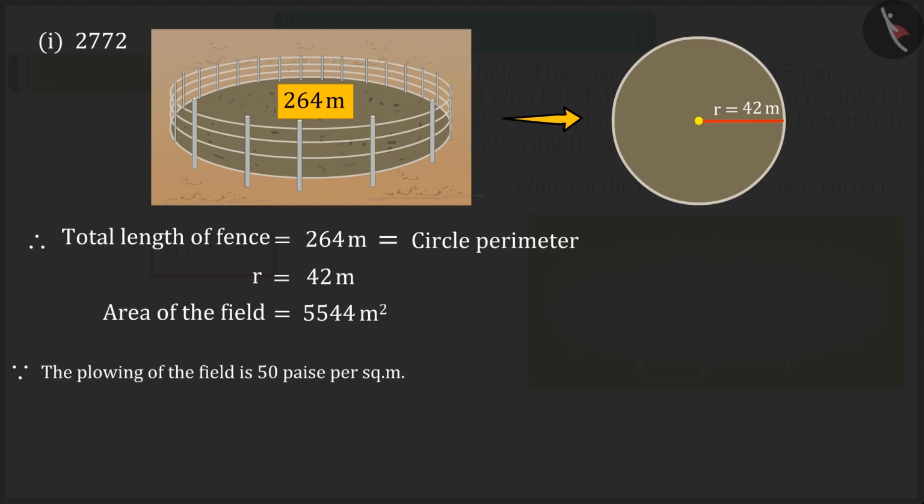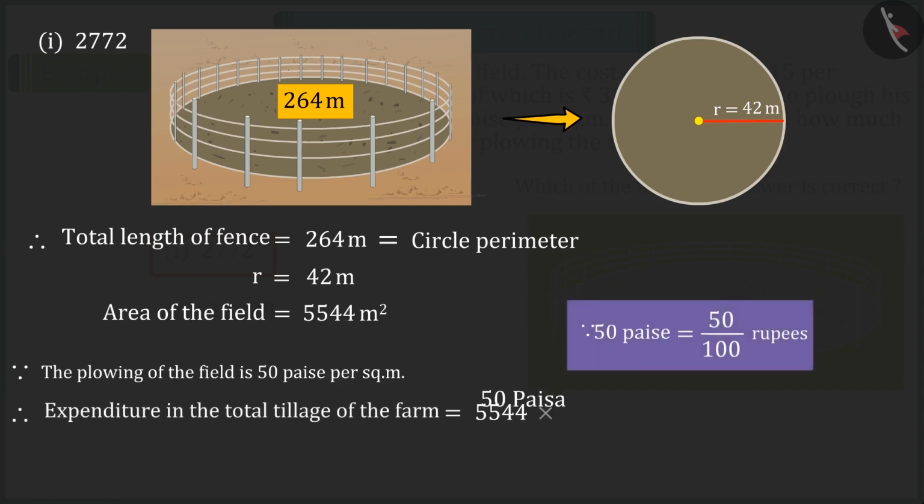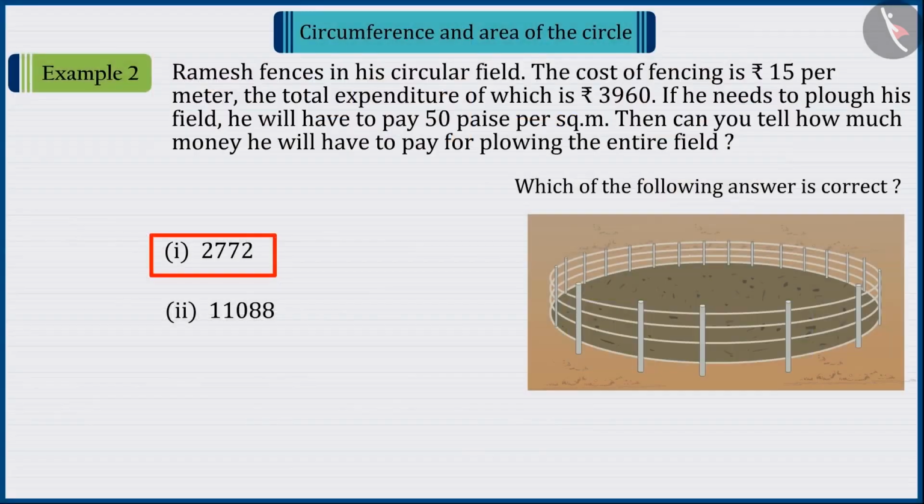Because we know that the ploughing of the field is 50 paise per square meter, so to plough the field, Ramesh will have to pay 2,772 rupees. Hence, option 1 is the correct answer.